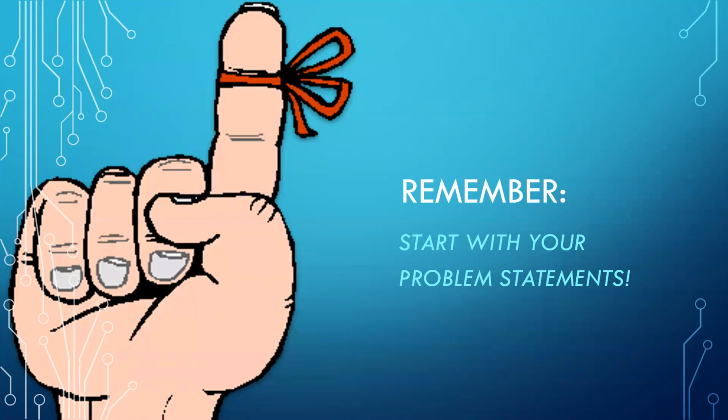So starting with a strong problem statement is essential. And just a quick reminder about these, in your problem statement, do not blame people, but rather focus on processes, what the pain point is, what the problem is that you're seeing, and avoid pointing blame.